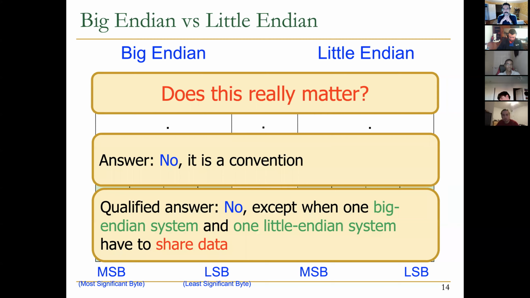In that case, obviously, if you have one node with little endian and one node with big endian, you need to know how to transfer data and translate between these two different systems, which would otherwise make you interpret the data incorrectly.